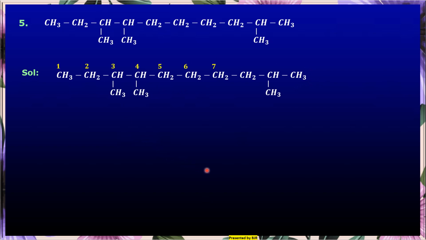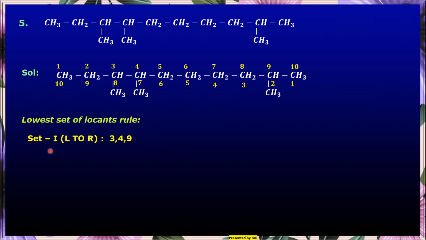At first, totally 10 carbon atoms are there in the parent chain, and I am doing the numbering from right to left here, and later I will verify which one is correct. So I am going to verify which one is correct by using the two rules, that is lowest set of locants rule and lowest sum rule. Lowest set of locants rule.